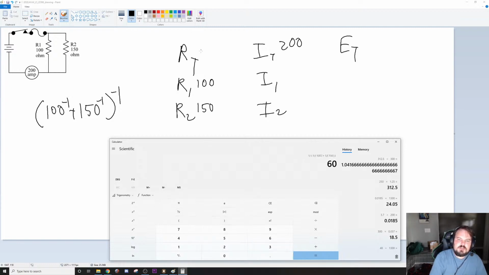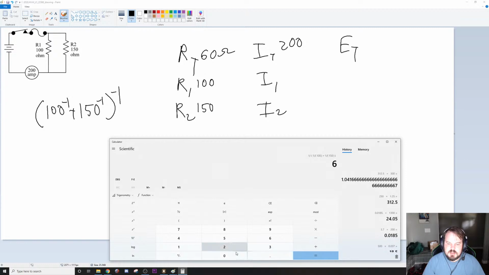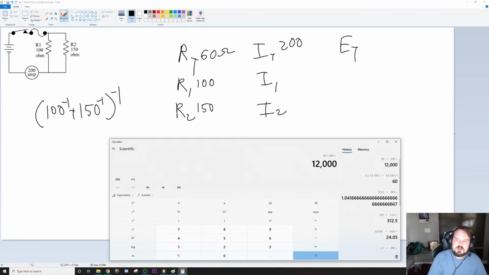So we have 60 ohms. Our voltage is 60 times 200, 12,000.